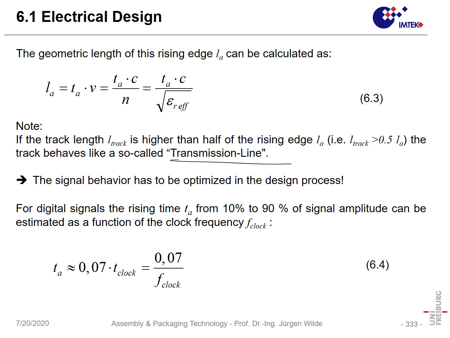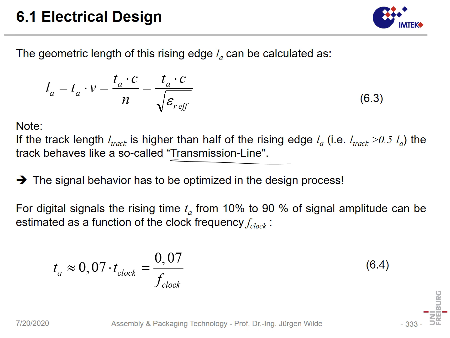And typically, for digital signals, there is a simple rule that says the rise time of such a signal is roughly 7% of the clock cycle time. So if we have a clock cycle time of 1 nanosecond, that would mean we have 70 picoseconds of rise time, or we can take 7% of the inverse of the clock frequency.